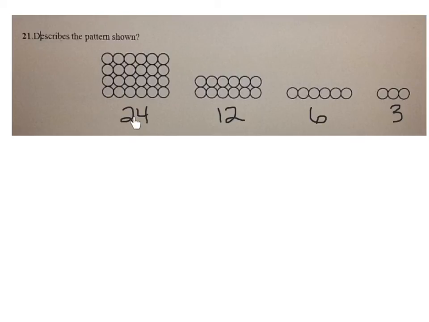And I can tell that 24 and 12, if I divide by 2 here, then I do get 12. And if I divide by 2 again, I get 6. And if I divide by 2 again, I get 3. So it's definitely dividing by 2. We just need to describe that. So how I would describe it is that the amount of circles are decreasing by half.